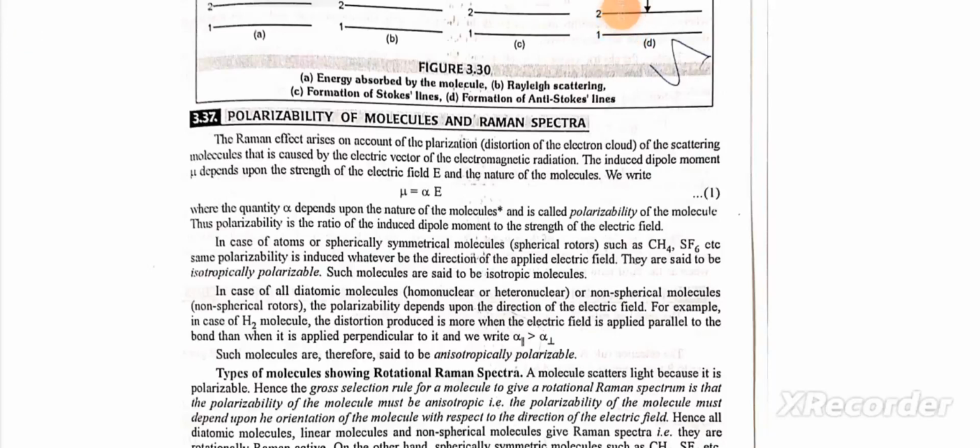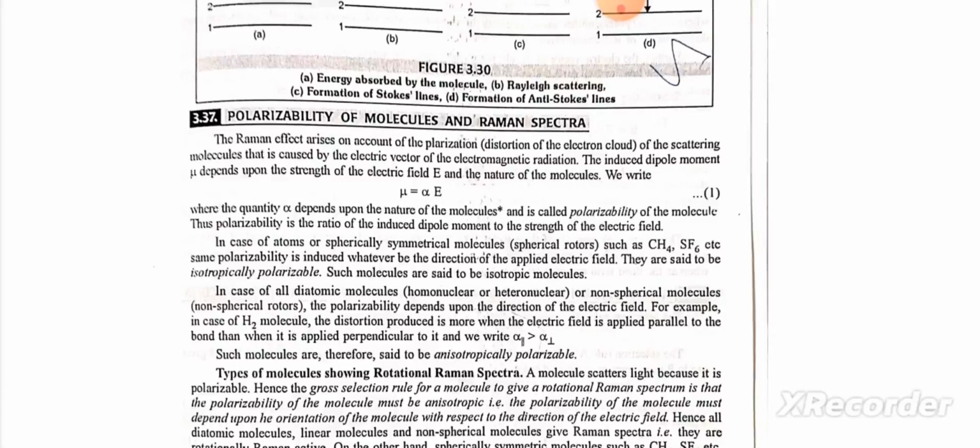Polarizability of molecules and Raman spectra. The Raman effect arises on account of the polarization, meaning distortion of the electron cloud of the scattering molecule, that is caused by the electric vector of electromagnetic radiation. The induced dipole moment mu depends upon the strength of the electric field and the nature of the molecules.